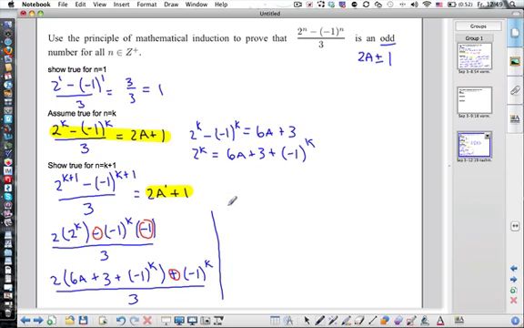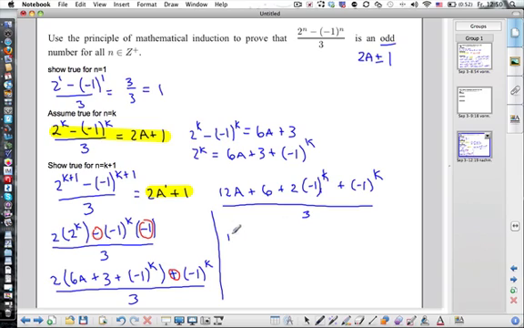So let's distribute that 2. We have 12a plus 6 plus 2 times negative 1 to the k plus negative 1 to the k, all divided by 3.